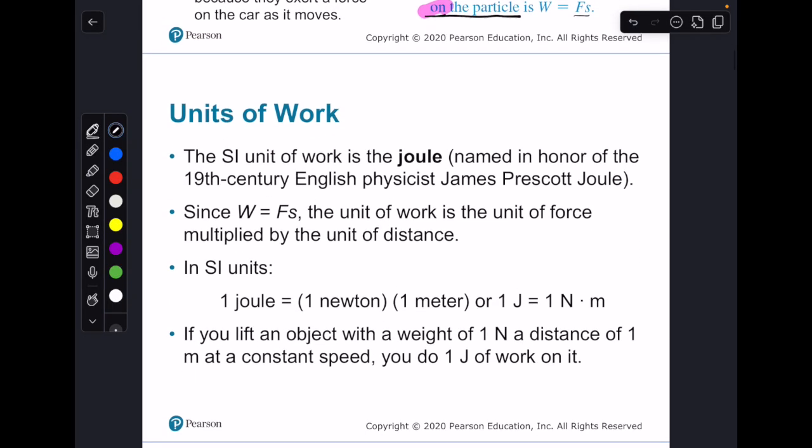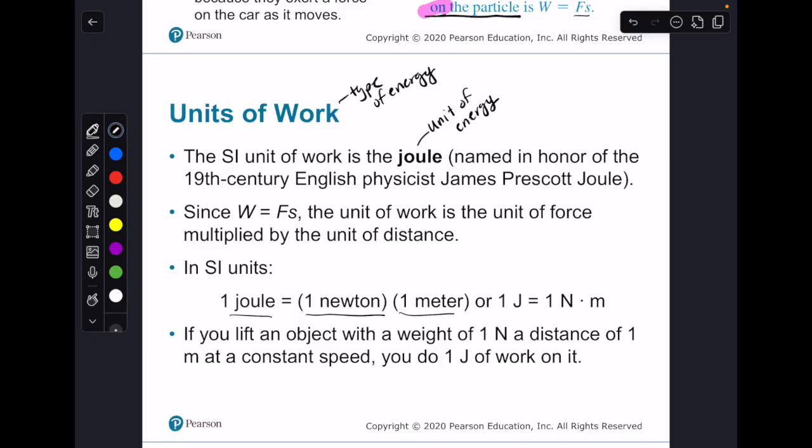The unit of work is the joule. This is a unit of energy. Work is a type of energy. Since work is equal to the force times the displacement, the unit of work, joules, is a Newton meter.